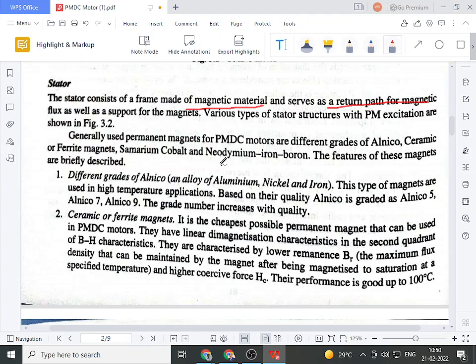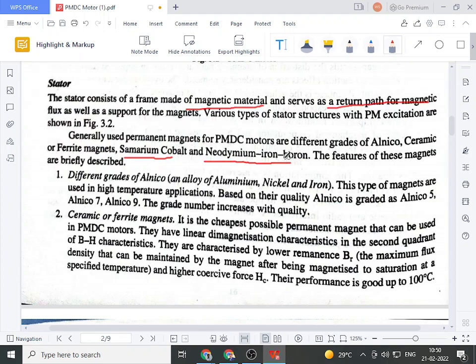These four important magnetic materials are widely used in any permanent magnet system, not only motors. Samarium cobalt and neodymium iron boron are recent advancements in magnetic materials.